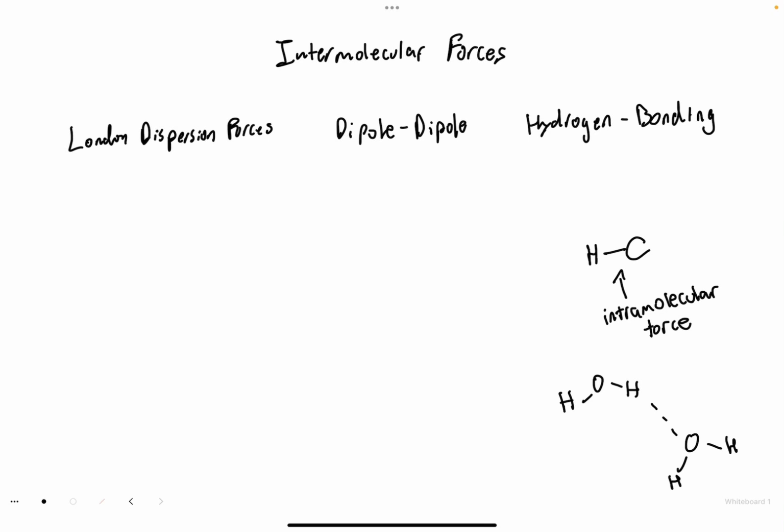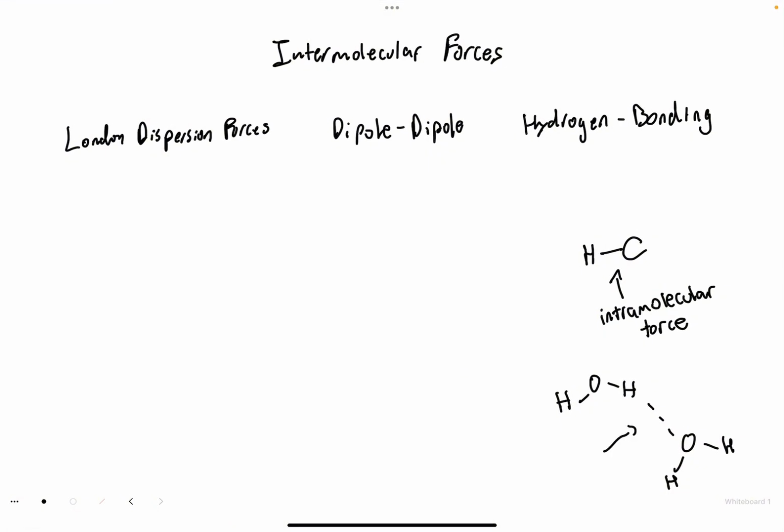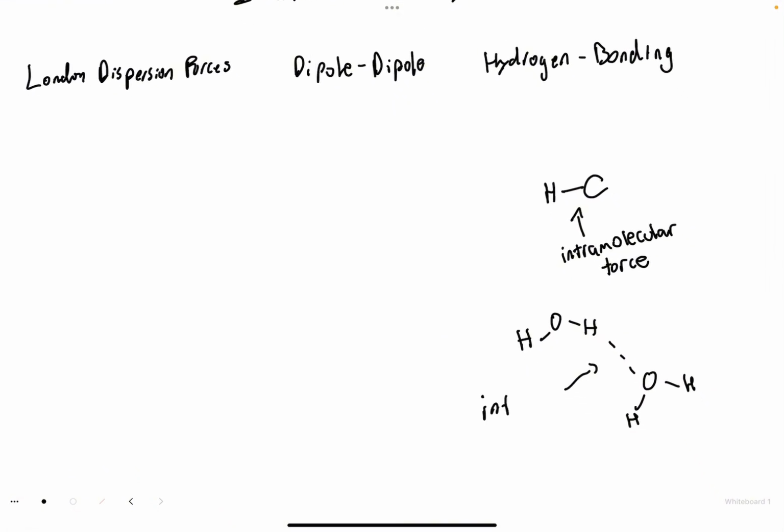Water is a common example of hydrogen bonding, but not to be confused, this is the intermolecular force part. This is the intermolecular force, and we would call that hydrogen bonding, just because of the fact that hydrogen bonds with either nitrogen, oxygen, fluorine.